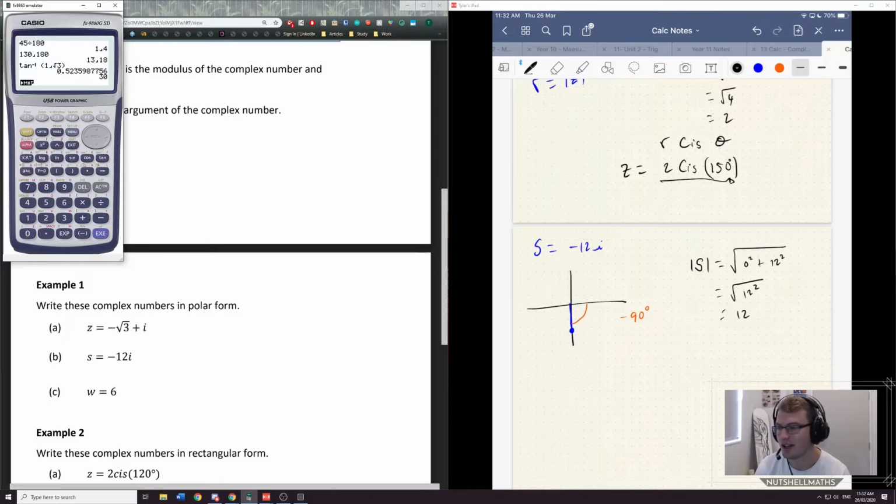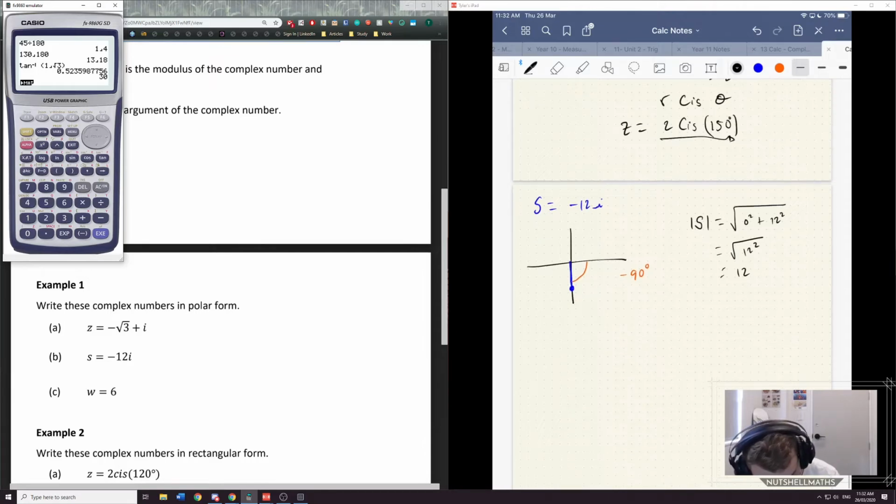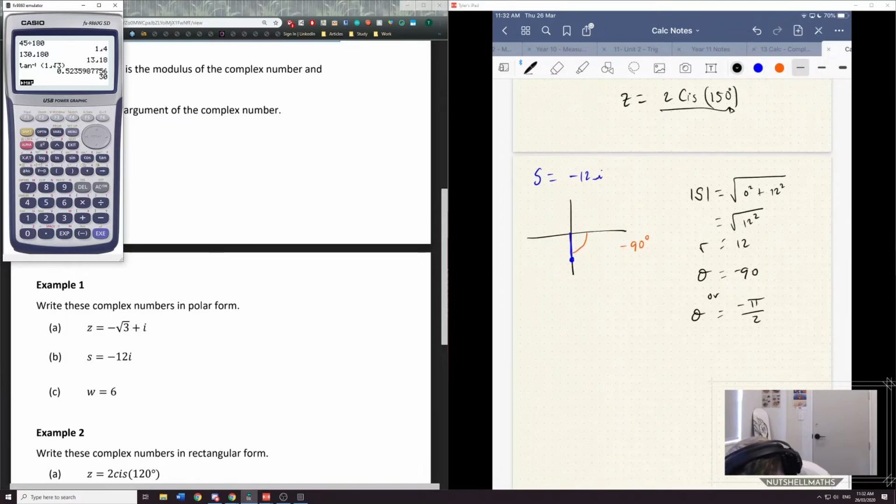You see the importance of the diagram? Right, we got minus pi by 2 in the chat. Good, I agree. Minus pi by 2. So this we could write as r, and theta is minus 90, or theta can be minus pi by 2. So therefore, S equals 12 cis minus pi by 2. I'm going to do it in radians just to annoy you.